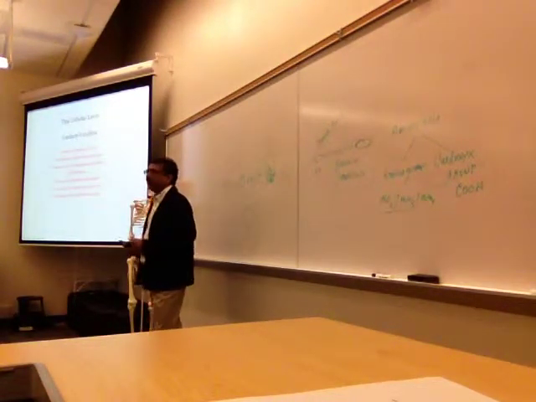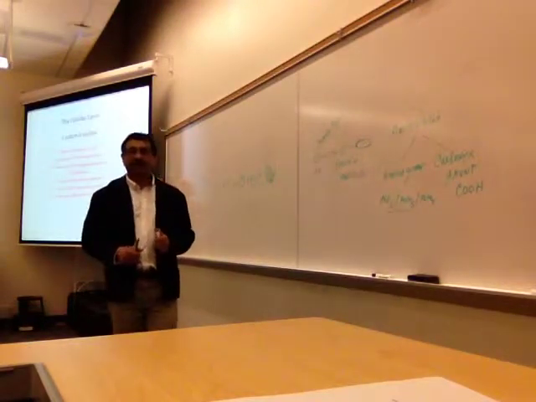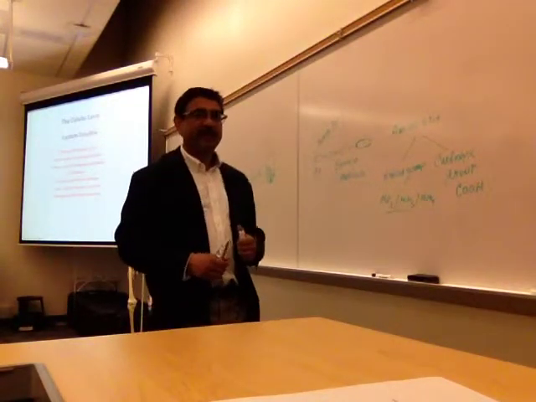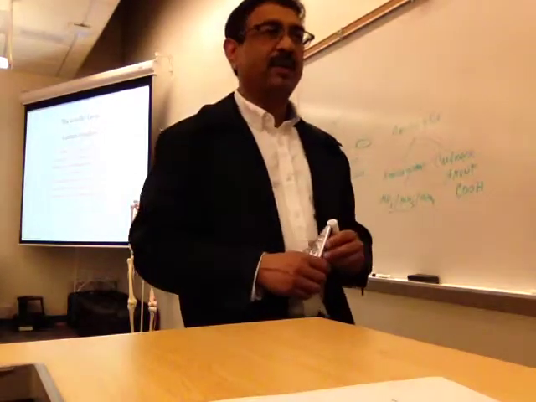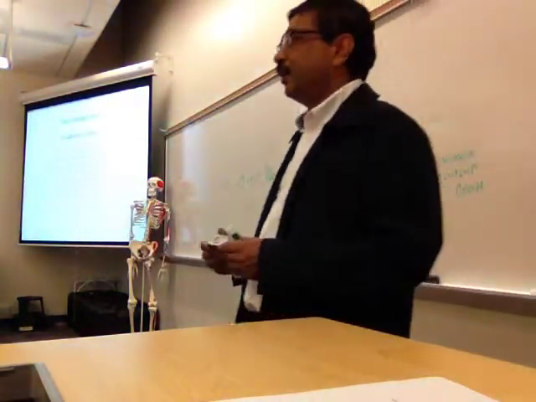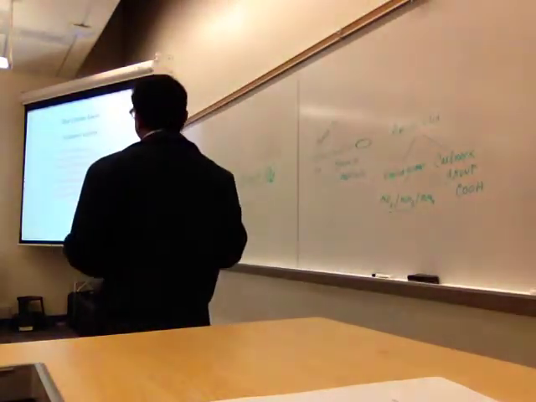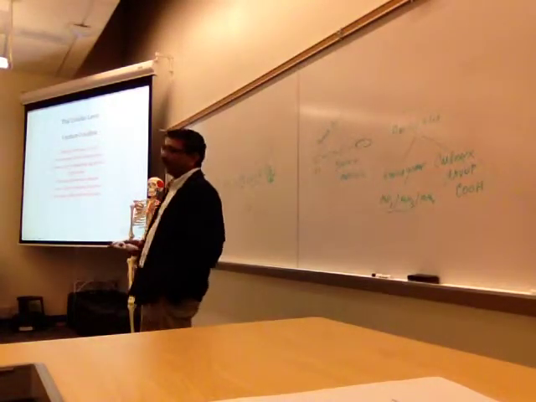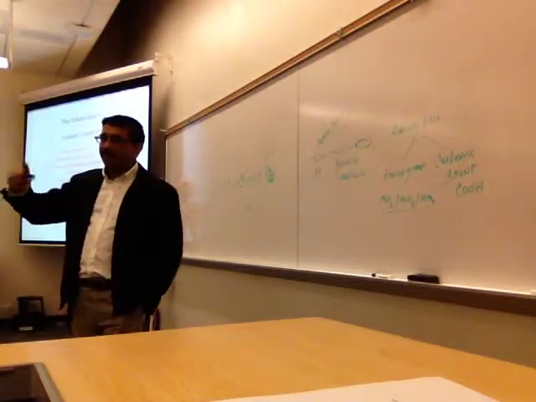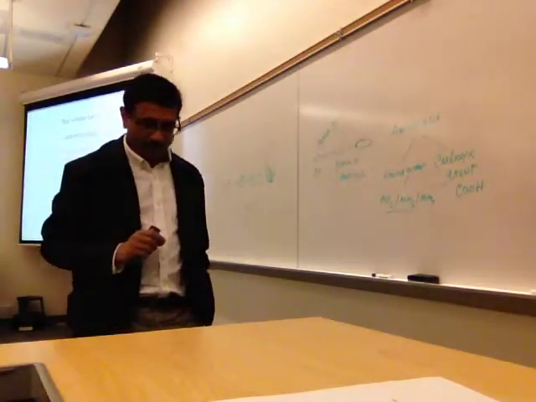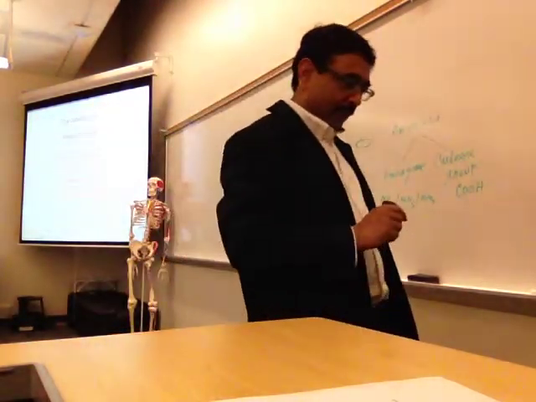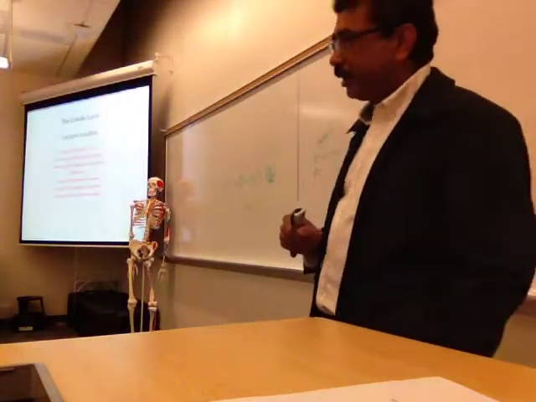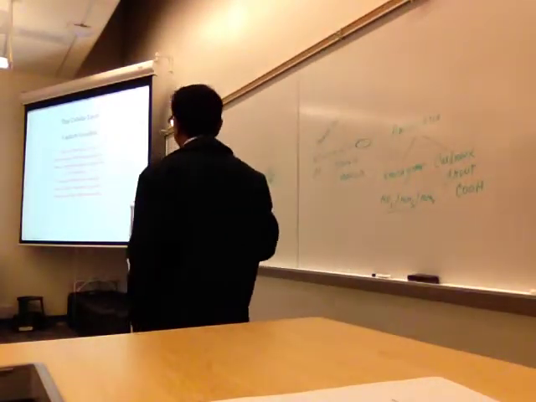Okay? Then we'll see the parts of a typical cell. What are the parts of a cell? Then we'll talk about the cell membrane. Cell membrane is the outer boundary of the cell. And we will see the structure and function of the cell membrane.